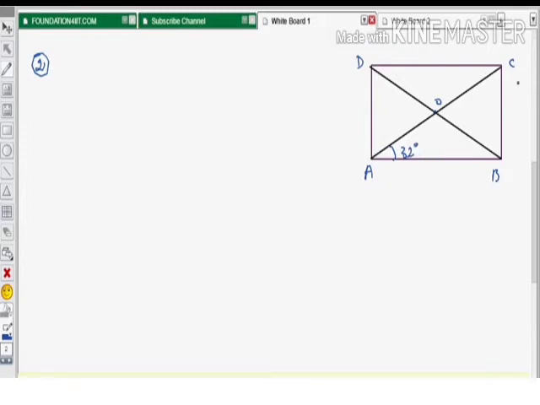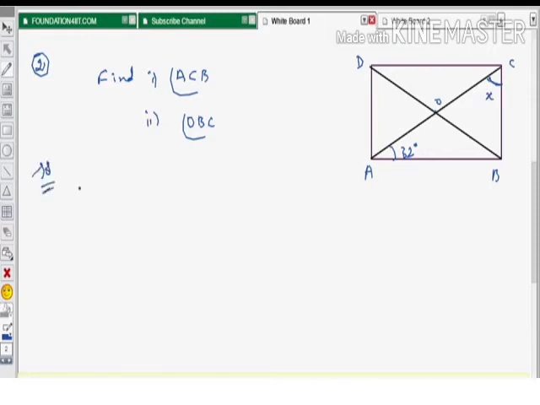Then, from the adjoining figure, find angle ACB and angle OBC. These two angles we need to find out. So let's take angle ACB. ACB is here, and I'm taking it as X.